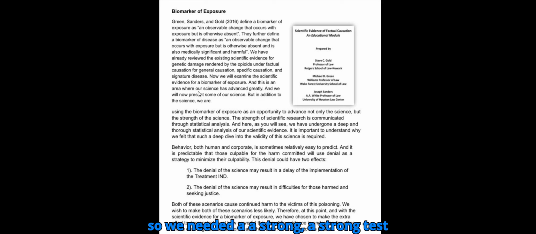We needed a strong test because people are going to deny the science, and as long as the science is being denied, people are continuing to be hurt. We wanted to make it harder for the drug companies to deny what they've done, and harder for the psychiatrists to continue this nonsense about a mental health diagnosis. So we knew that we had to have a strong test, and we built one.